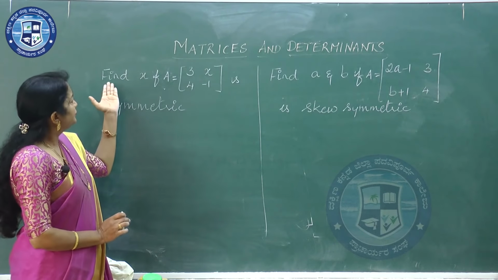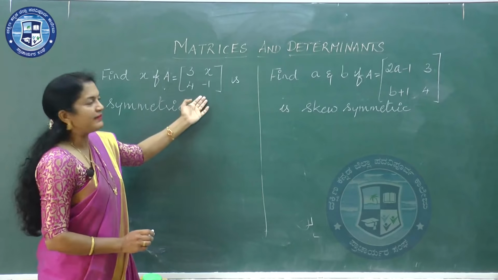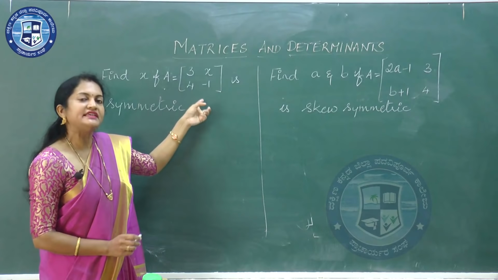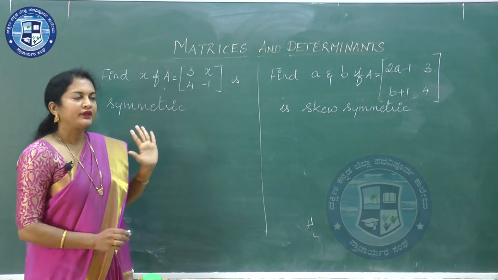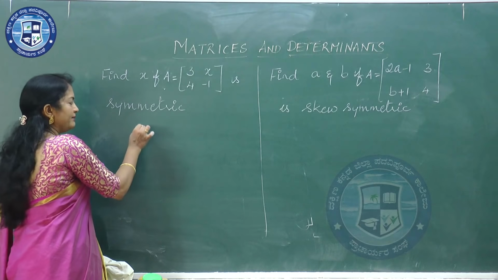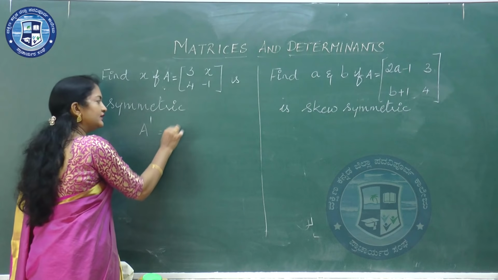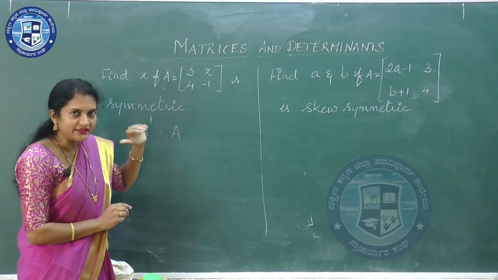Now find x if A is equal to this matrix and is symmetric. If this matrix is symmetric, find the value of x, that is the question. Now what is the condition for a symmetric matrix? If a matrix's transpose is equal to the same matrix, then we say that the matrix is symmetric.